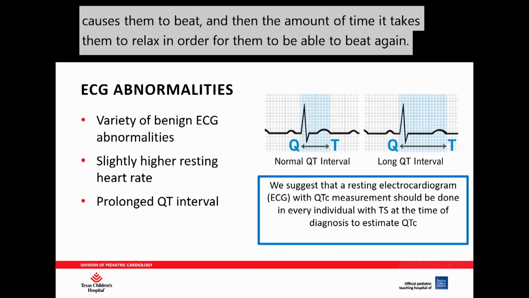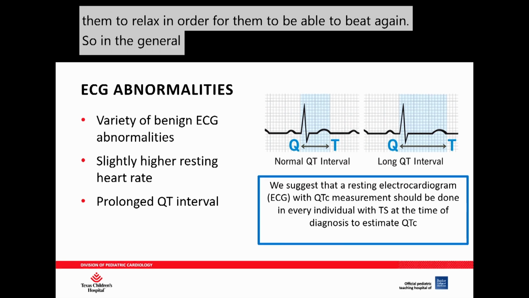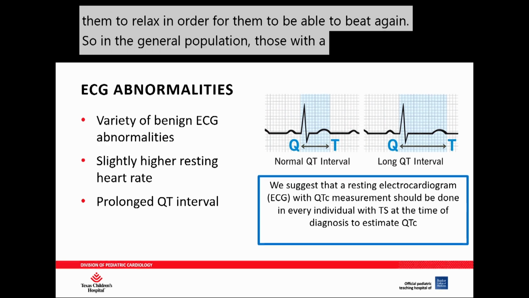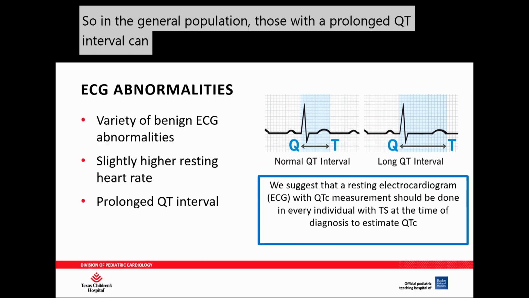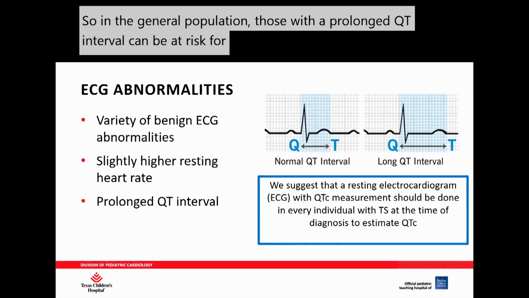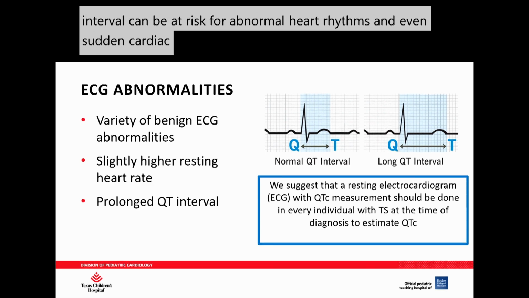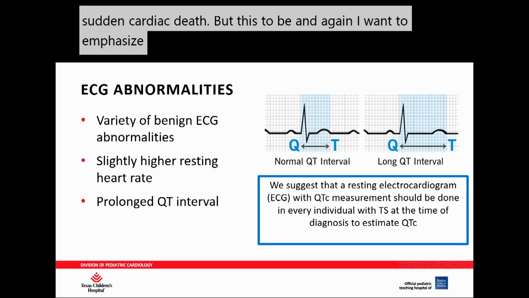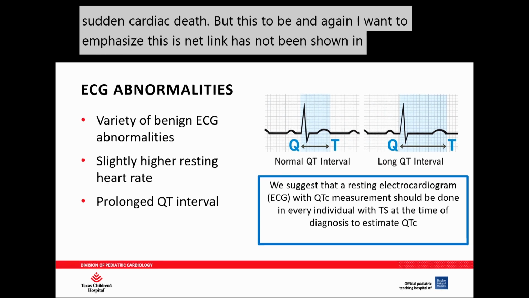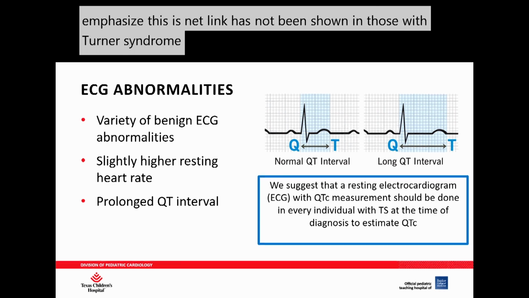In the general population, those with a prolonged QT interval can be at risk for abnormal heart rhythms and even sudden cardiac death. But, and I want to emphasize this, that link has not been shown in those with Turner syndrome. Why do those with Turner syndrome have a prolonged QT interval?